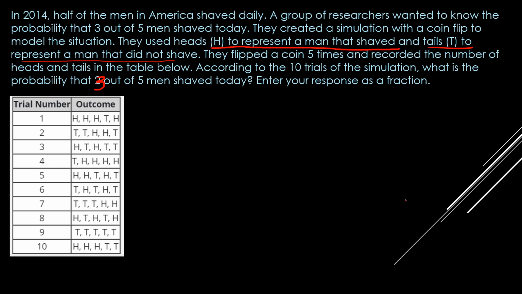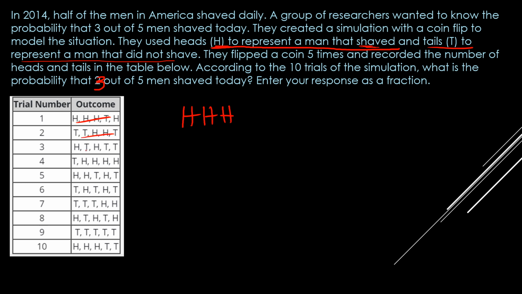Okay. Well, heads represents that they shaved, correct? Which means that since I want to know 3 out of 5, I am looking for anything that has 3 heads. And the order of the 3 heads does not matter. I am just looking for how many times do 3 heads pop up. So here I see 4, nope.